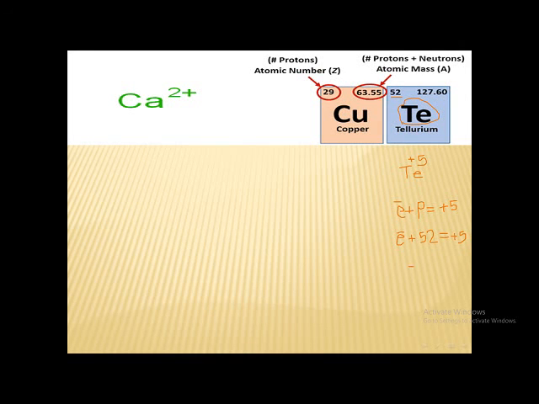So the number of electrons is 5 minus 52, and that will give you minus 47. That is the number of electrons. Try to find the number of neutrons alone.